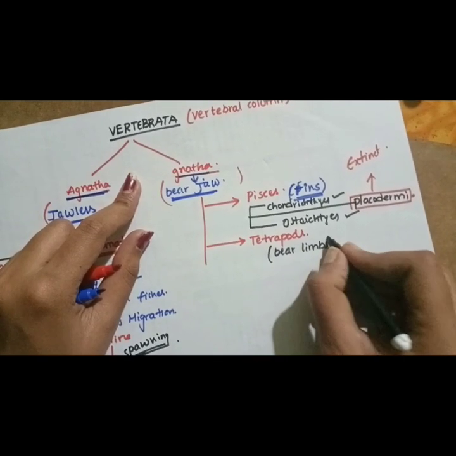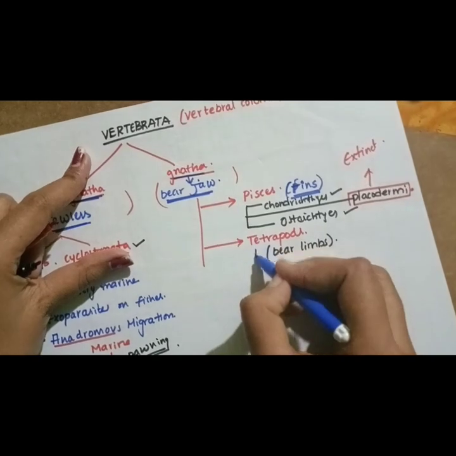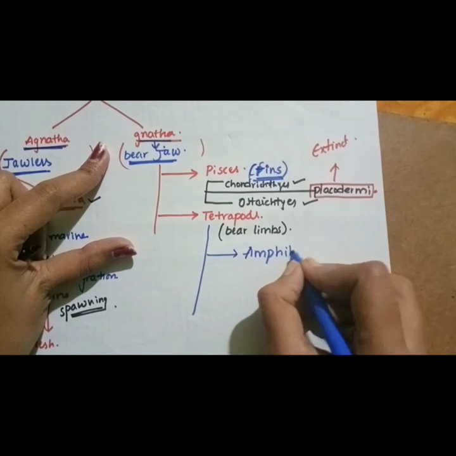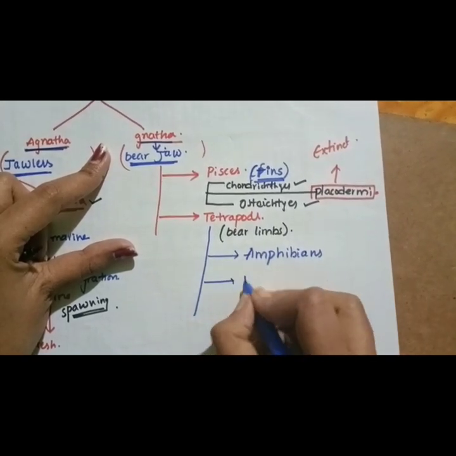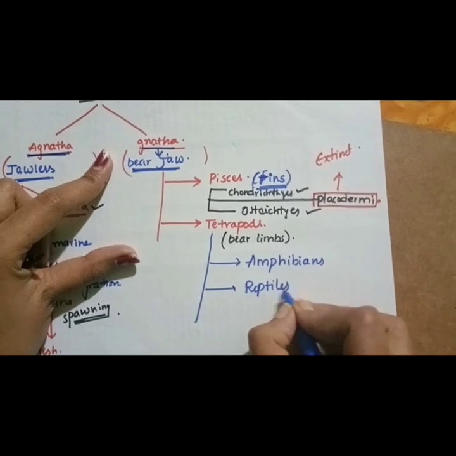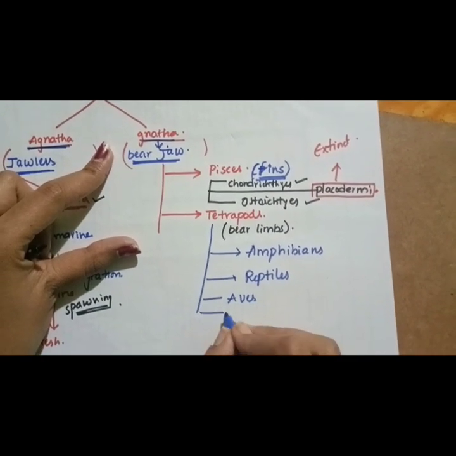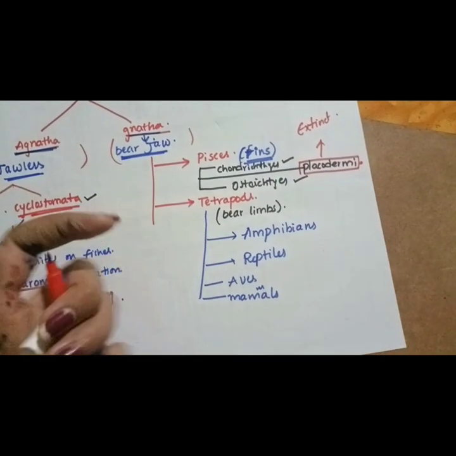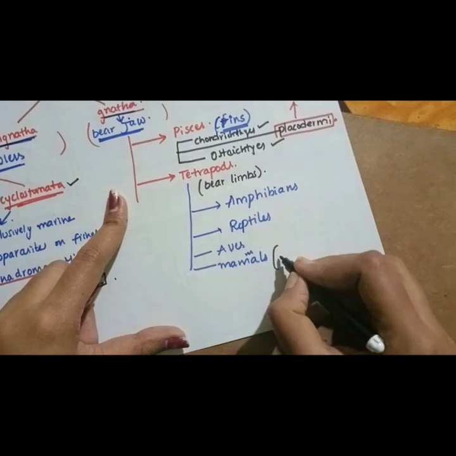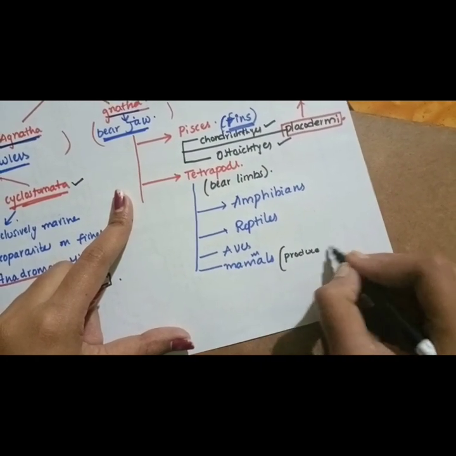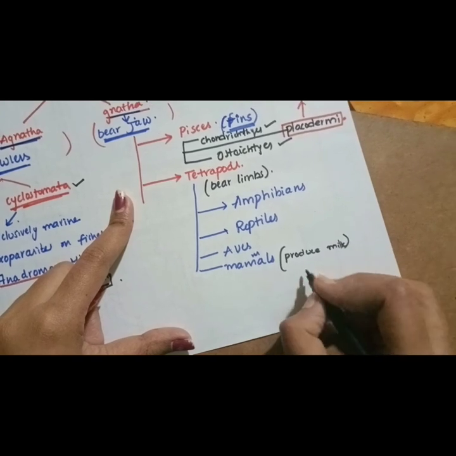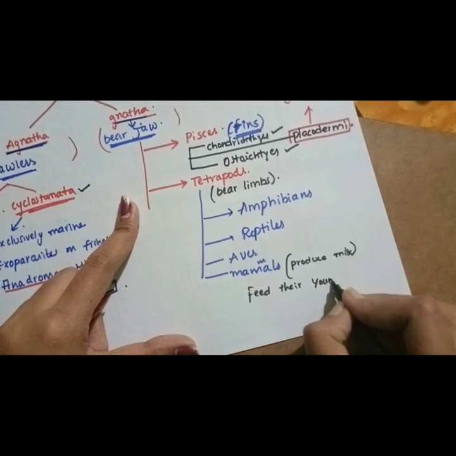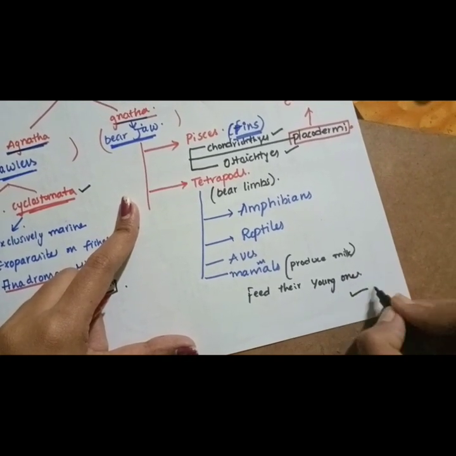Coming to the tetrapods, those which bear limbs are called tetrapods. Tetra means 4. Pods means limbs or foot. The tetrapods are again classified into amphibians, reptiles, aves and mammals. Coming to the mammals, the organisms which produce milk, that means they have the capability to feed their young ones, come under mammals.